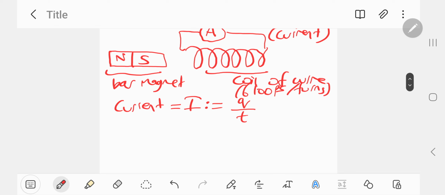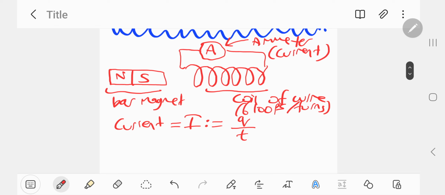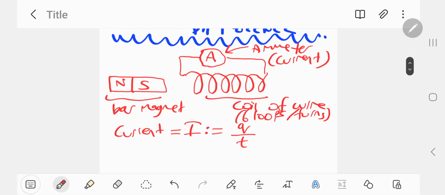So typically in a circuit, it's the flow of positive charge. That's what current is. So there's no current when you connect a loop of wire to an ammeter, because there's no energy provided for the charges to move.